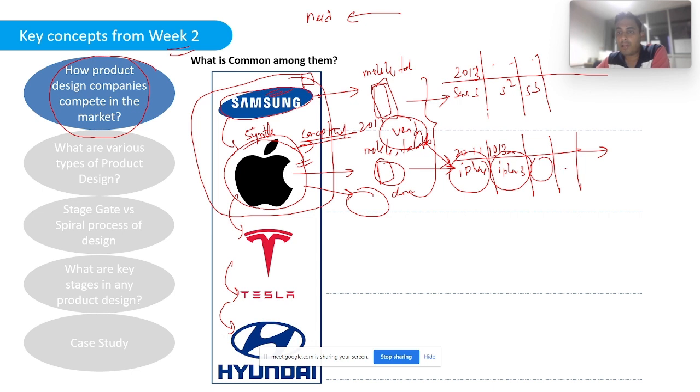Now because they are using external vendors, and it was not developed in the US, it was developed in China, somewhere in Korea, that's the reason the manufacturing cost went a bit high till date.